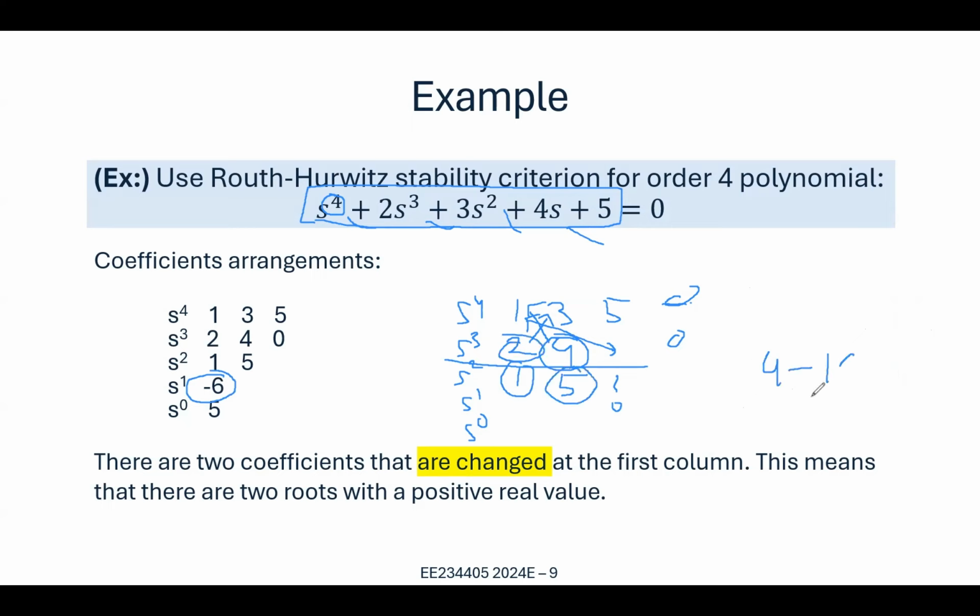So this would be minus 6. We divide this by 1, so this would be minus 6 here. So we know that there is already a change of sign, or in other words, we know that one of the poles here has a positive real value.